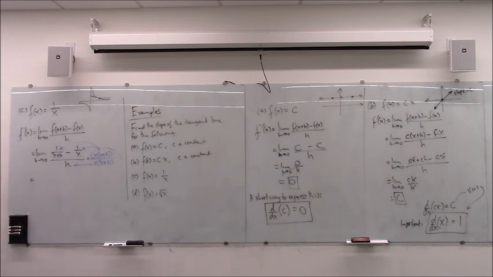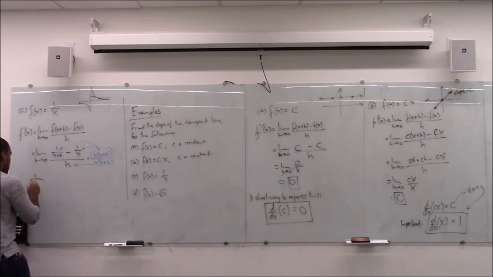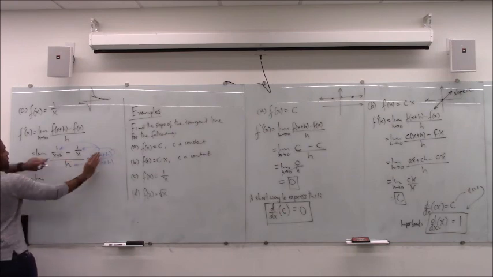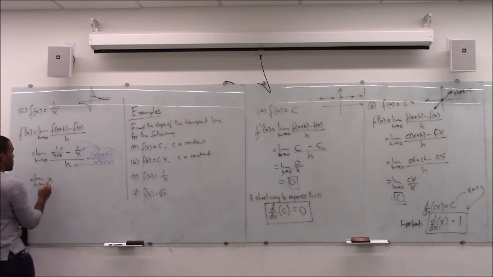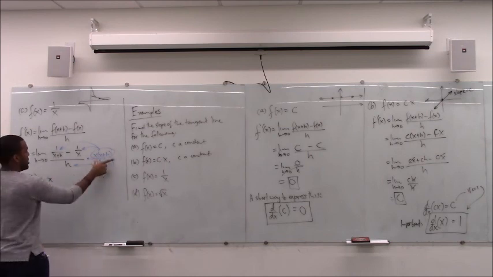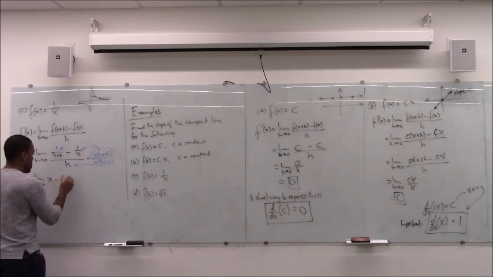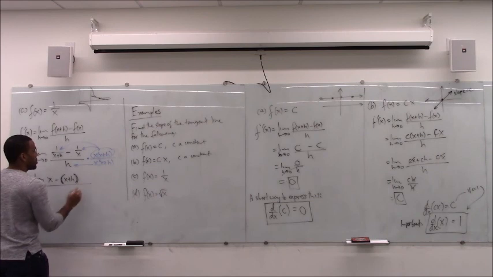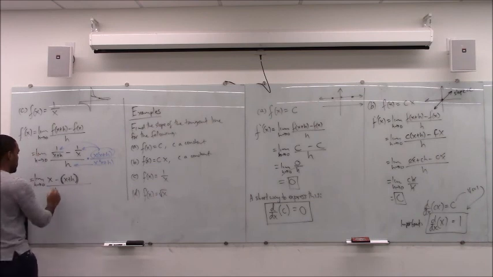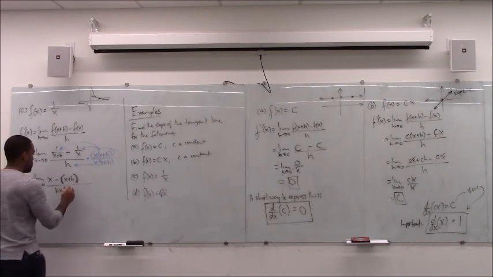So now in the top, if I take x times x plus h times this, the x plus h is cancelled, and I'm left with x. If I take x times x plus h times that, the x's are going to cancel, and I'm going to be left with x plus h in parentheses, very important, parentheses. Over, in the denominator, I'm going to have h times x times x plus h.